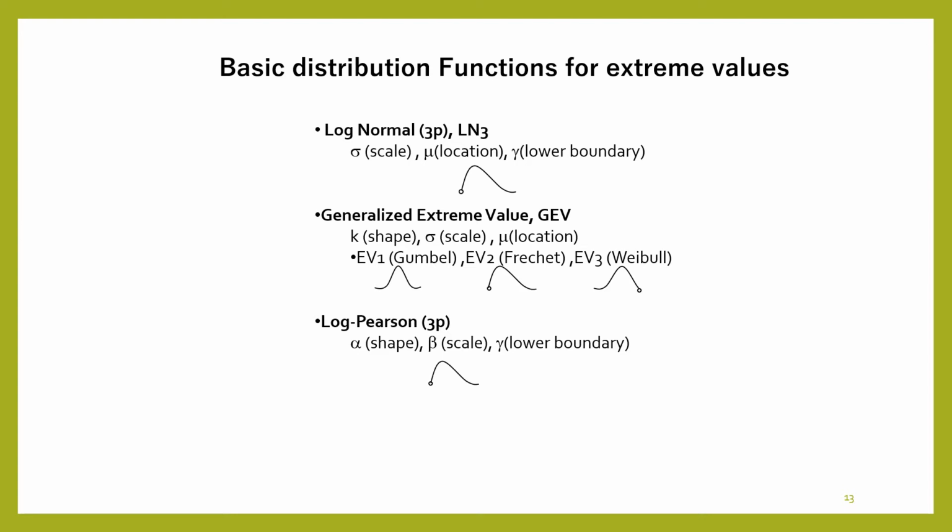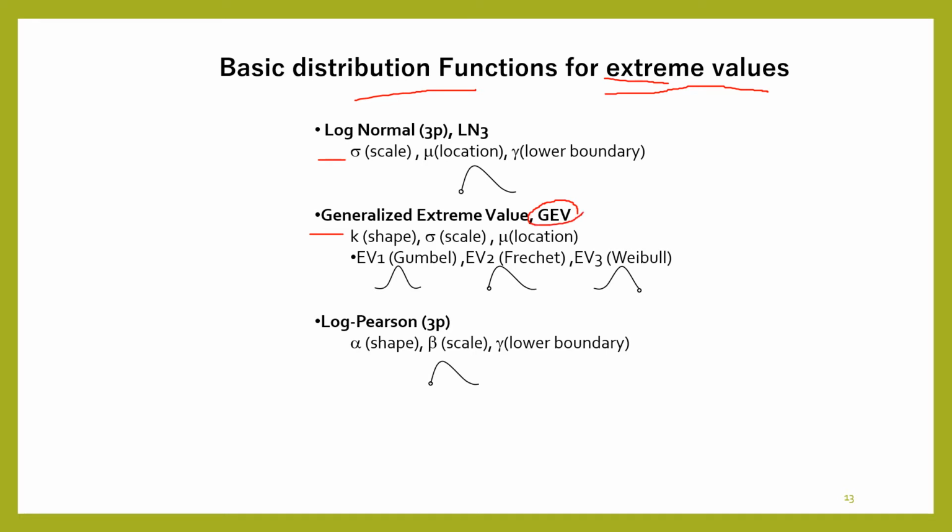I think most of you know about normal, Gumbel. But for extreme values, if you are designing for flood or any hydraulic structures, it's supposed to be extreme. There are some basic distribution models or distribution functions which are suitable for extreme values, for example log normal, generalized extreme value, in this case GEV.